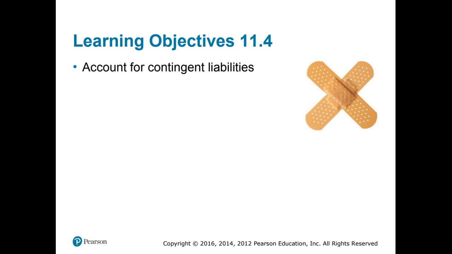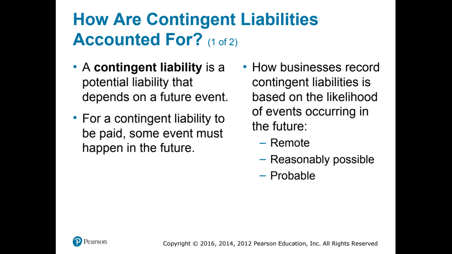All right, accounting for contingent liabilities. A contingent liability is a potential liability that depends on a future event. It's something that we think might possibly happen. For a contingent liability to be paid, an event must happen in the future.